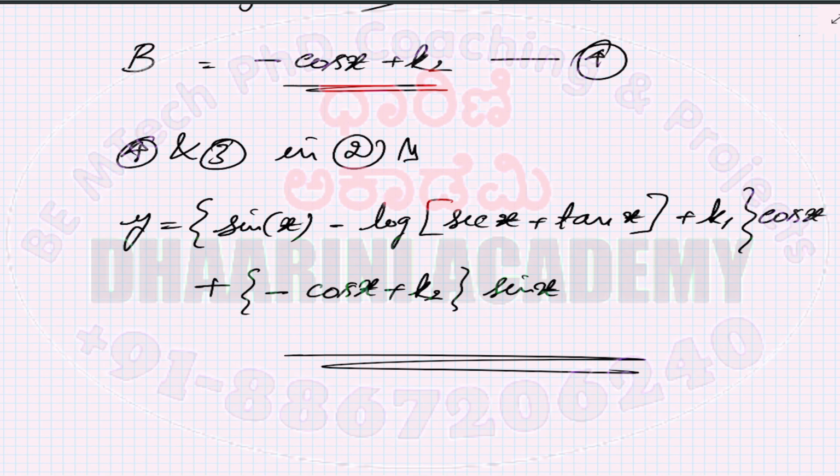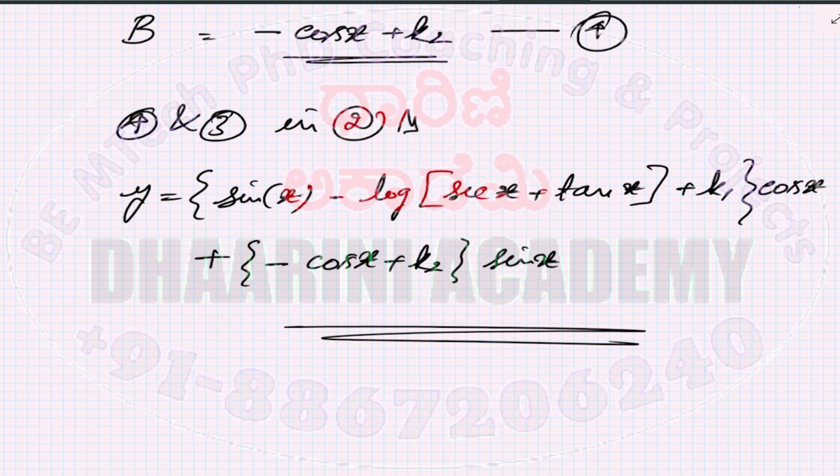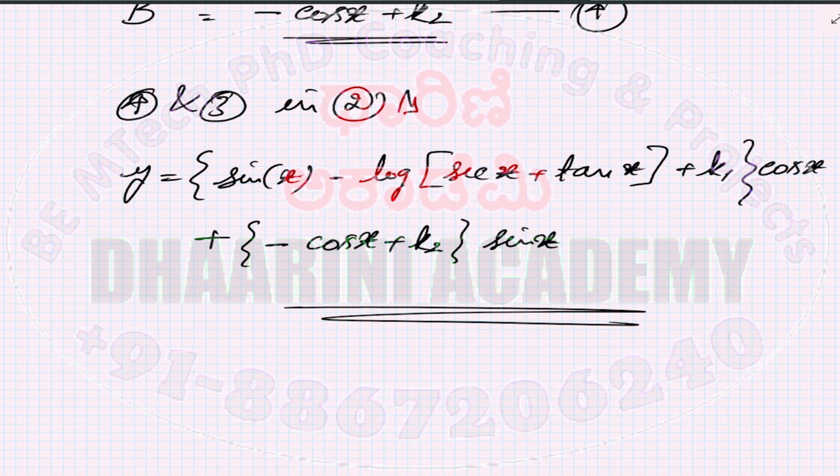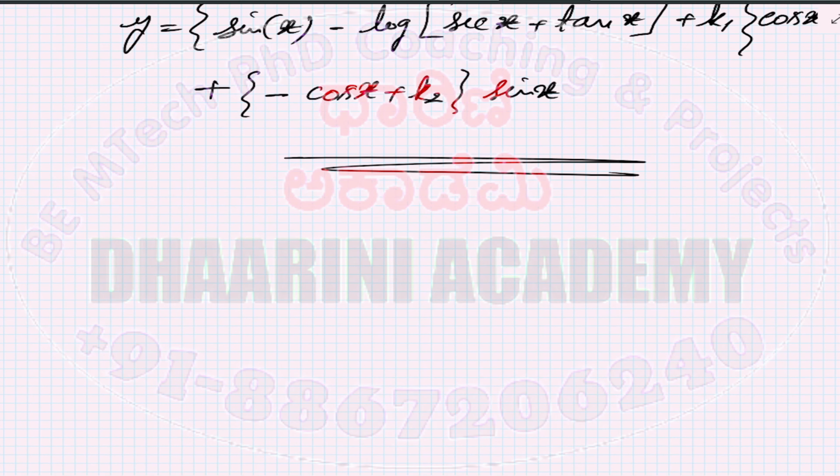All right, let's proceed further to the next problem. The next problem is y double dash plus 4y is equal to tan 2x.